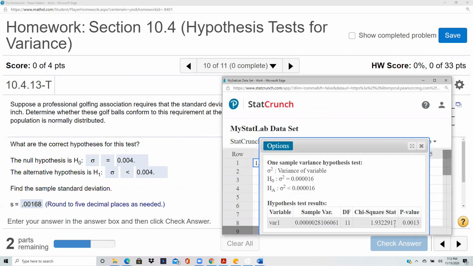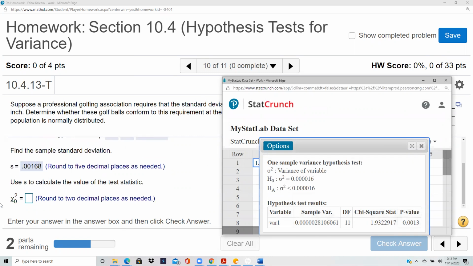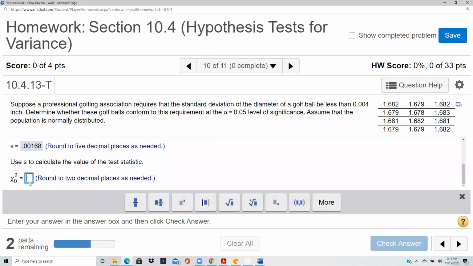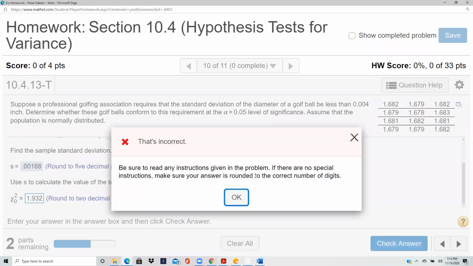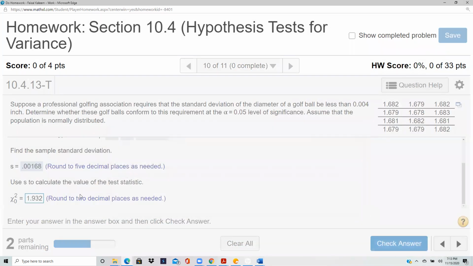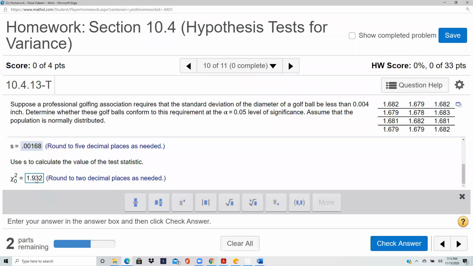So 1.932, to two decimal places, is 1.93.